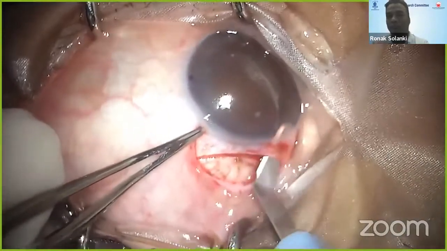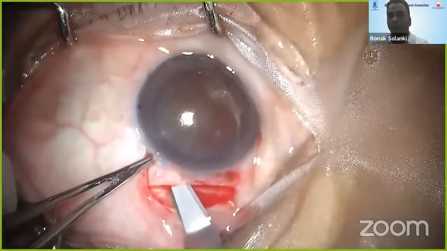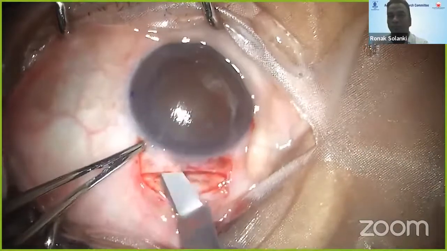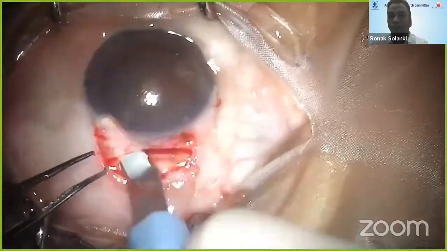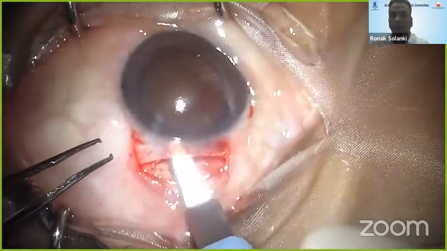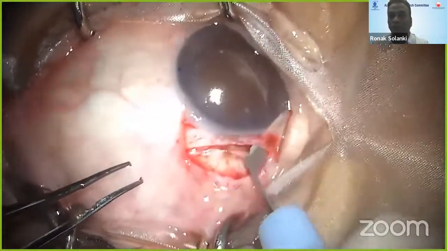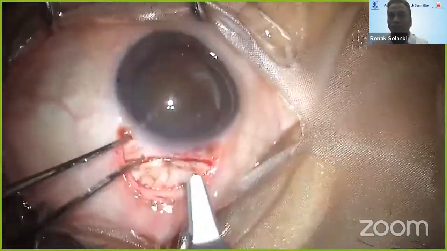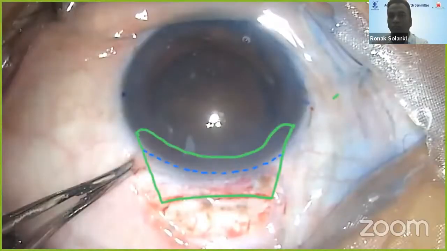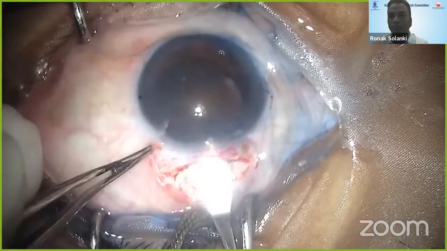A meticulous dissection is the key because this is the most important step in the surgery, determining your SIA. The internal lip was larger than the external lip. A trapezoid-shaped sclerocorneal tunnel was formed.